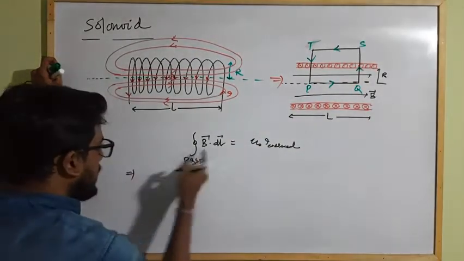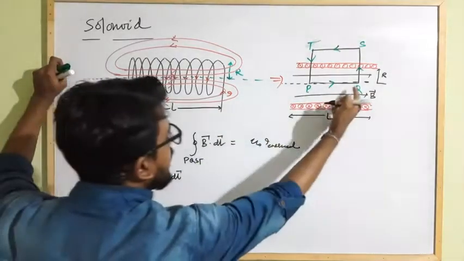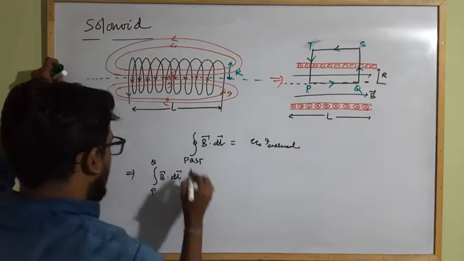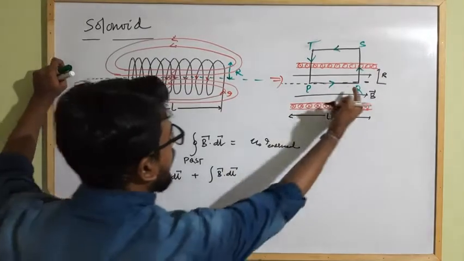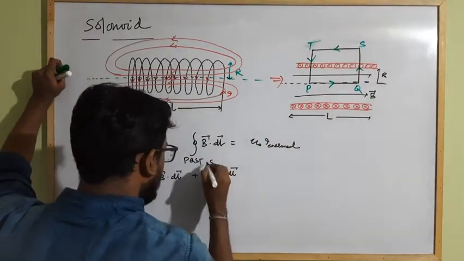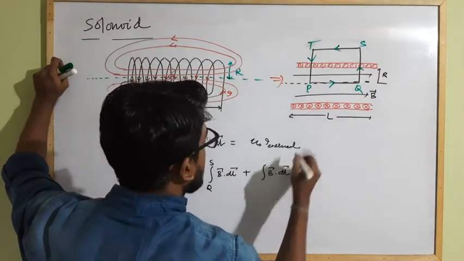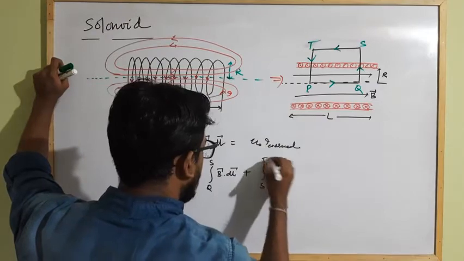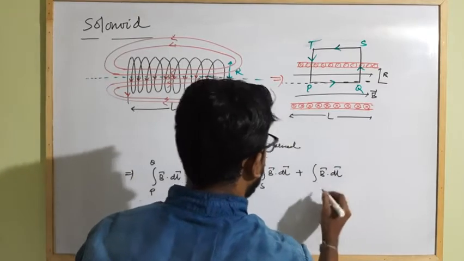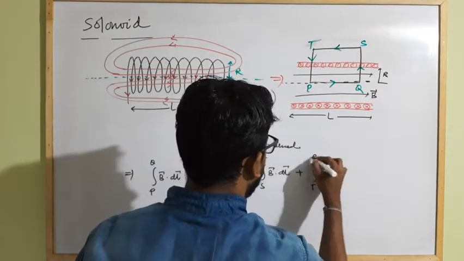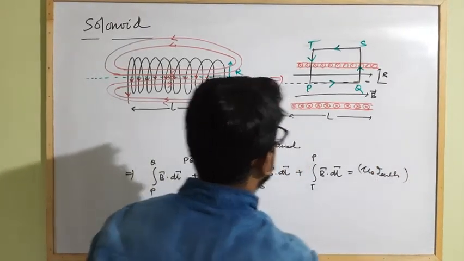So this can be written as the line integral of B dot dl from P to Q plus the line integral of B dot dl from Q to S plus the line integral of B dot dl from S to T plus the line integral of B dot dl from T to P will be equal to how much? Mu naught I enclosed. Clear?